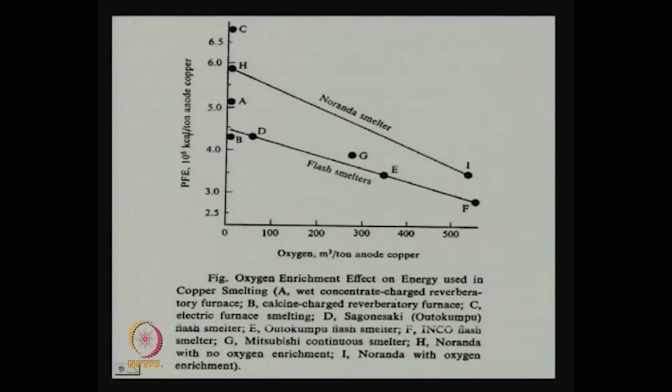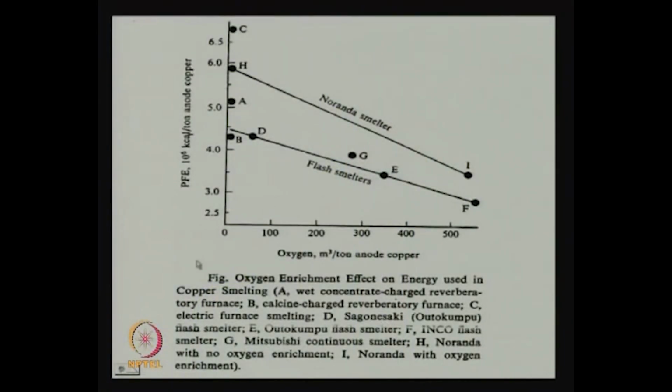Now, a very interesting thing has been found. You are using air or oxygen, and in the process in many places, whether during roasting or smelting, you are maintaining an oxidizing atmosphere.